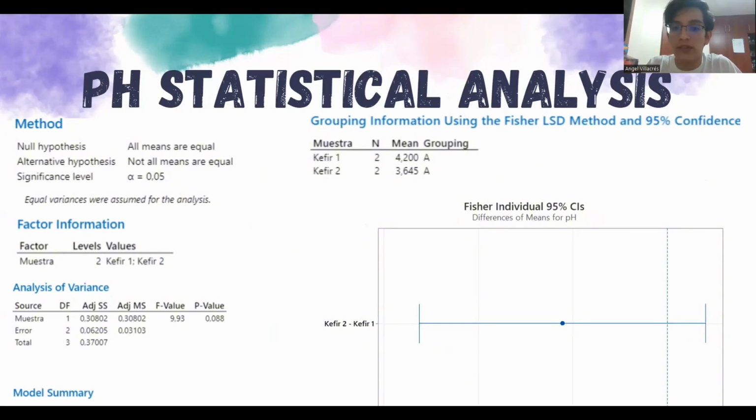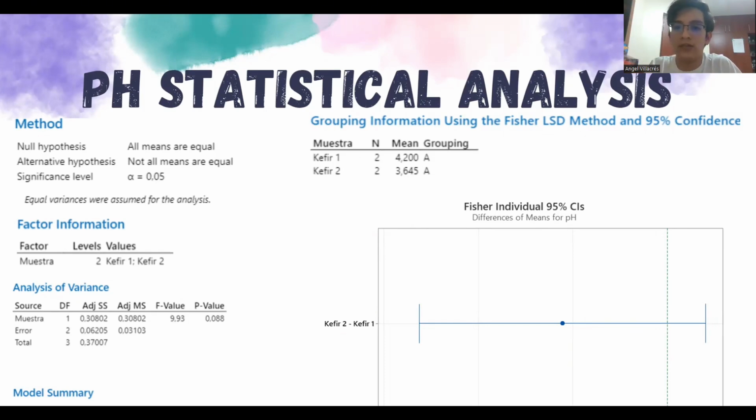Therefore, the null hypothesis is accepted, since the p-value is greater than the significance level, which means there is insufficient evidence to reject it. The confidence interval for the difference between kefir 2 and kefir 1 includes zero, the vertical dashed green line. This visually confirms that there is no statistically significant difference between the pH of the two samples.